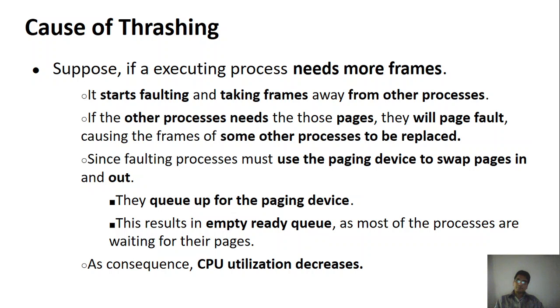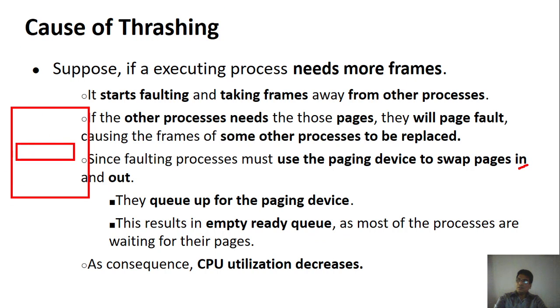Now, suppose an existing process requires more pages. It starts page faulting, and some other process's pages are given to it. In other words, when one process says I want a page, the CPU will allocate a page or a frame.